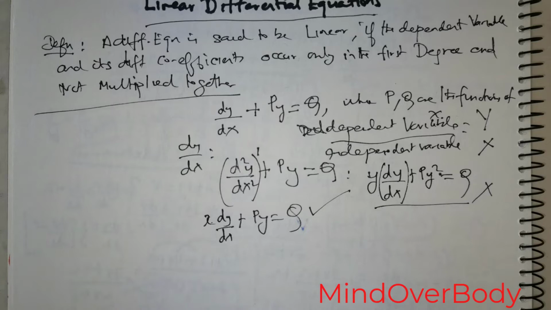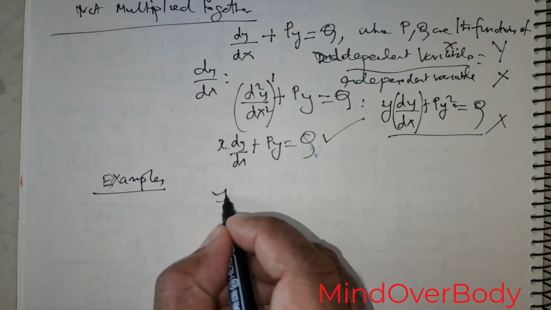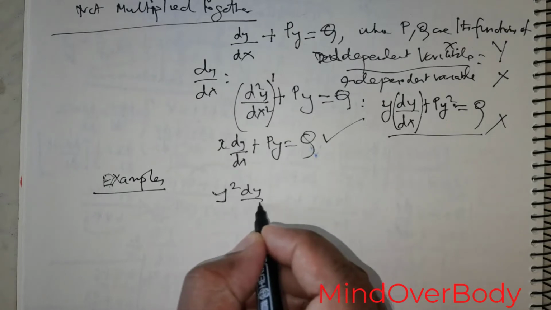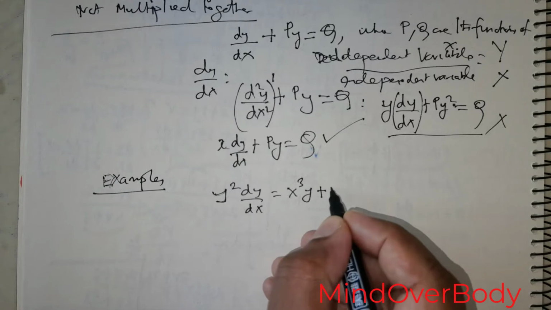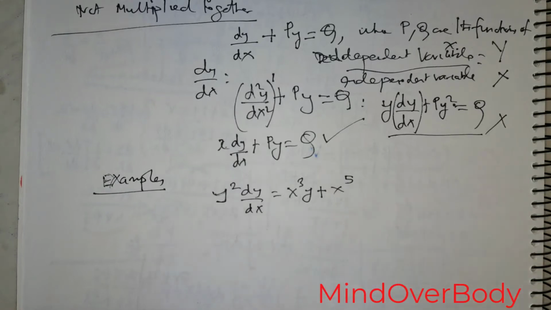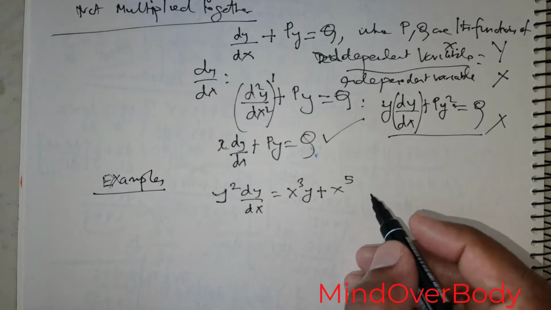Now we are going to look into some illustrations and we will further our studies with sufficient examples. Okay, the first example is, say you got something like this, say y squared dy over dx is equal to x to the power of 3 y plus x to the power of 5. Is this a linear differential equation?